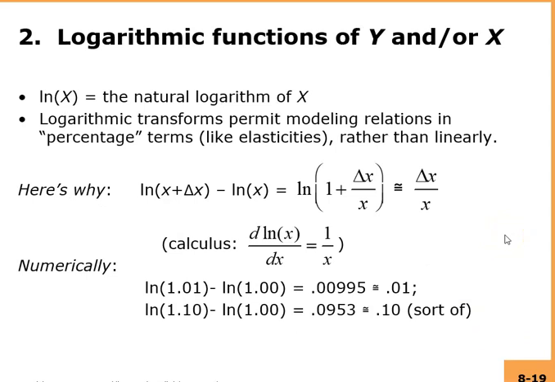So now we turn our attention to logarithmic functions of y or x. ln x, or log of x, is the natural log of x, and logarithmic transforms permit modeling relations in percentage terms.